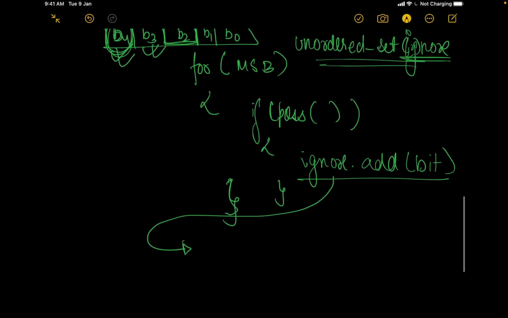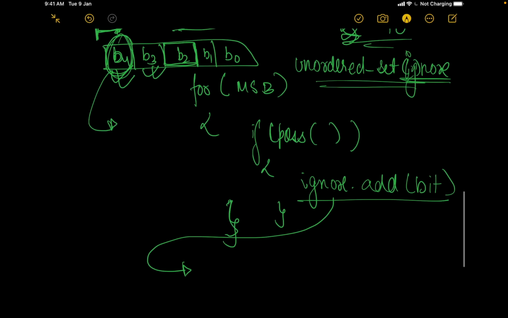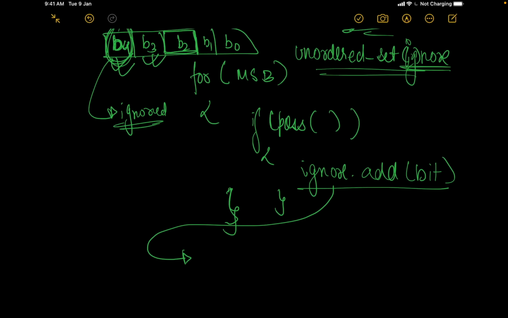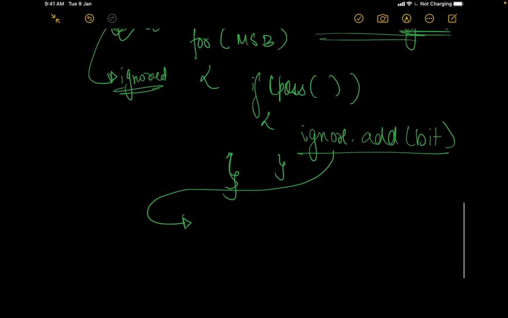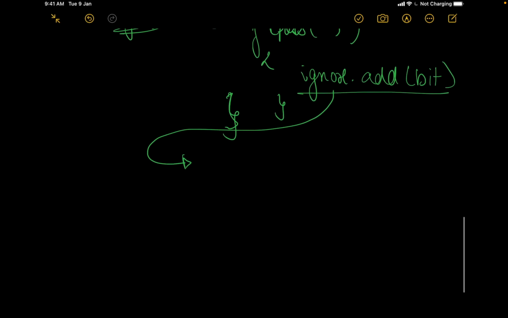It's possible that I already added B4 into my ignored list. So I shouldn't make any combination in which B4 gets included, because B4 has a greater value than B2, and since we want to minimize the result, we wouldn't be adding any bit to its left. So I'll also make that check.